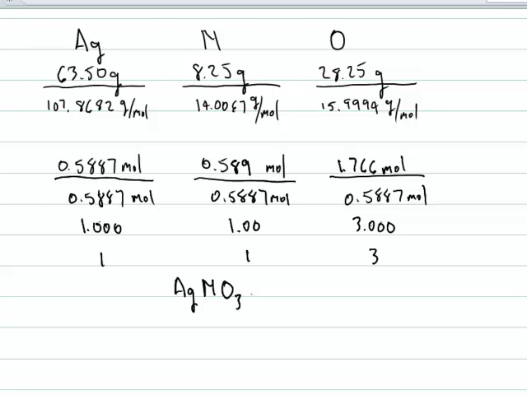And we have AgNO3, or silver nitrate. And that's how we calculate the empirical formula, and that's what this is. It's an empirical formula. Now, it just so happens that that also is a formula unit of the ionic substance, silver nitrate.